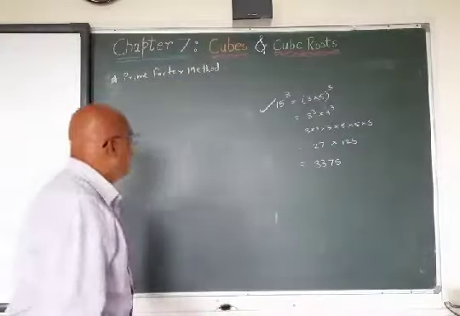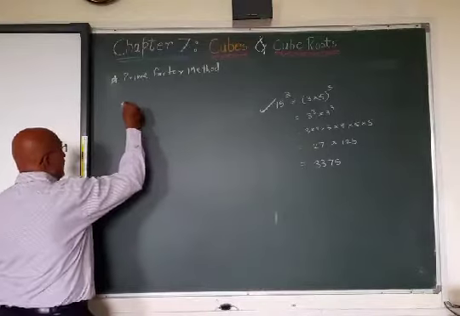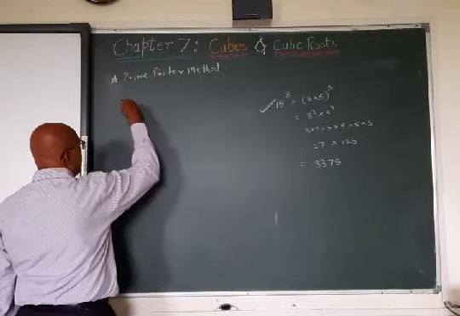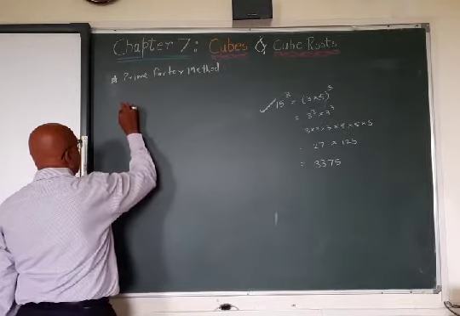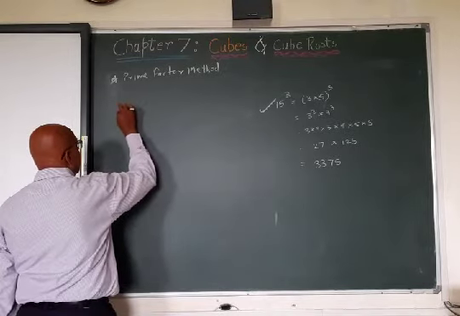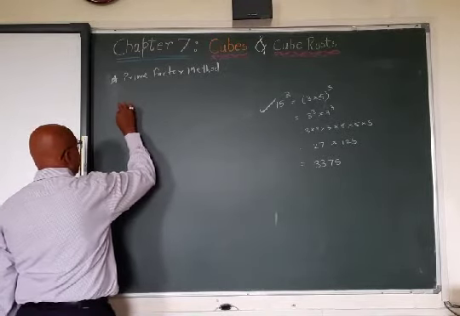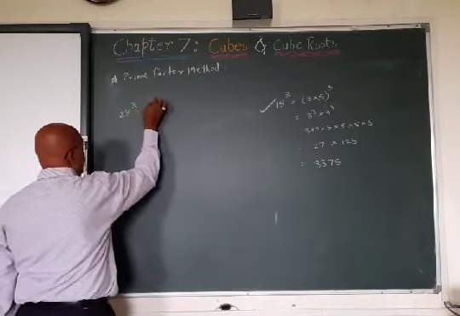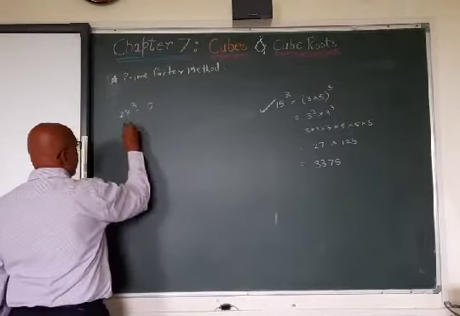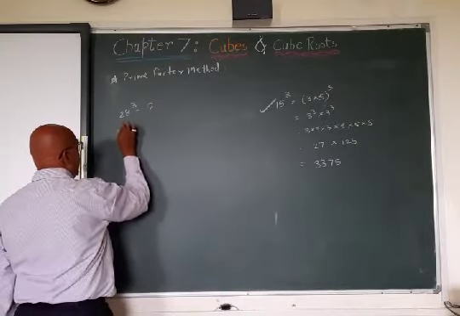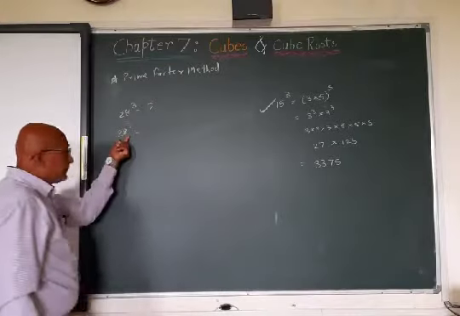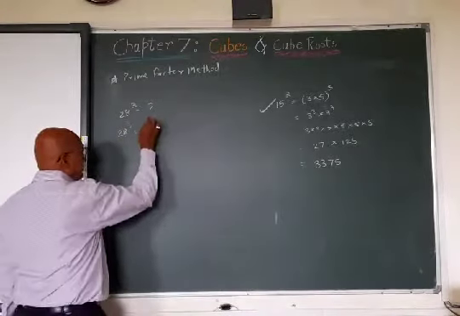Let's see one more number. Say I want to find the cube of 28. Now 28 cube is nothing but the prime factors of 28 written in a bracket.